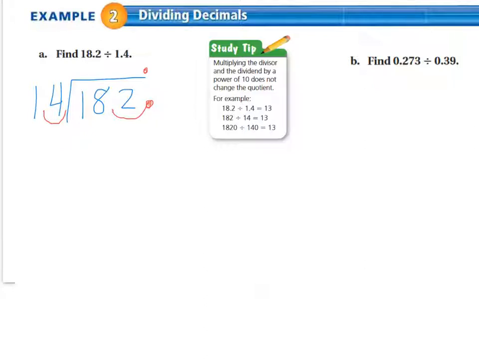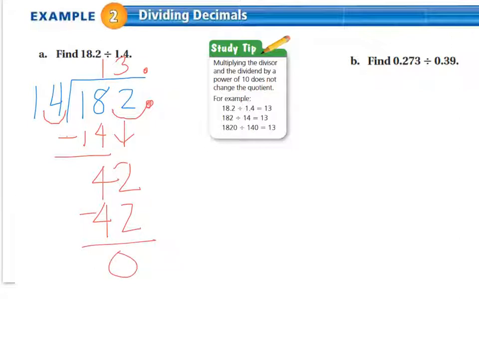Looking at my divisor 14, I know there are no groups of 14 in 1, but in 18 there is one group of 14. 14 times 1 is 14. Subtract. 18 minus 14 is 4. And bringing down that 2, 14 goes into 42 3 times. 3 times 14 is 42.